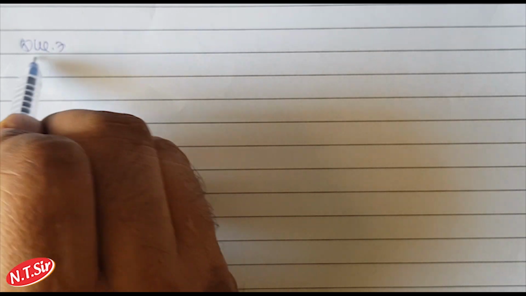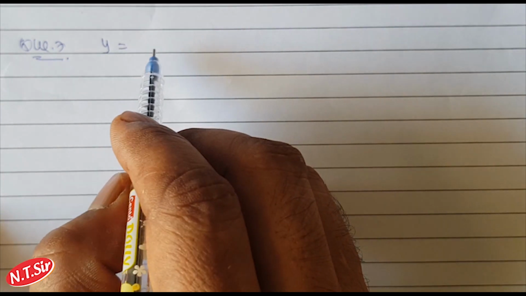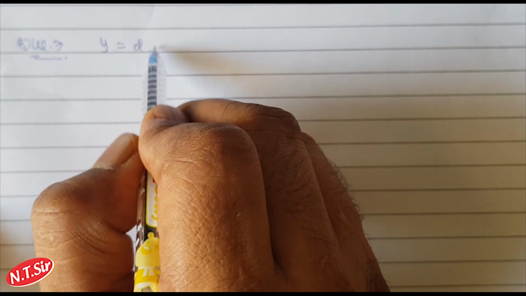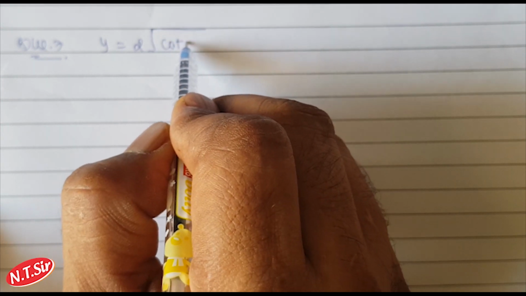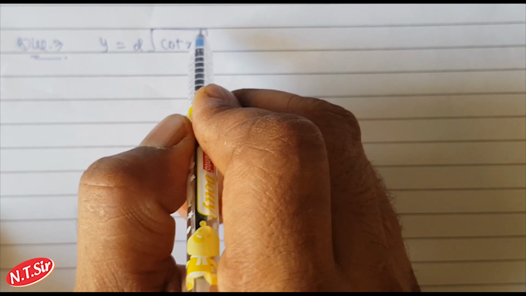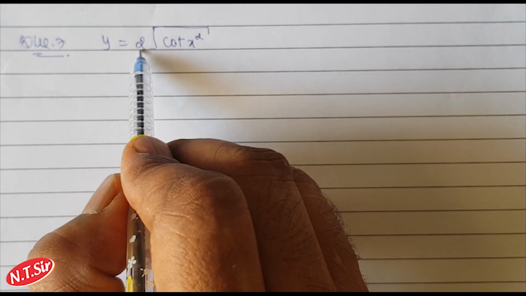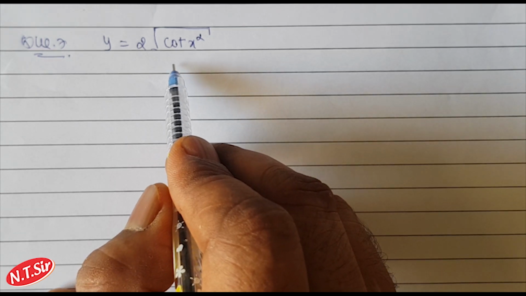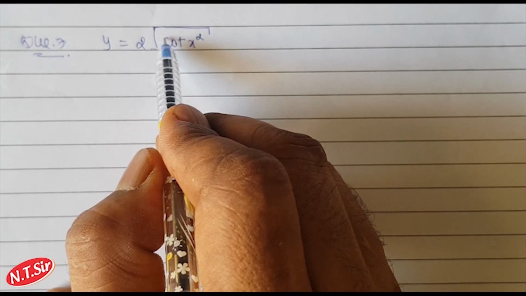Question 7. y is equal to 2 under root cot x square. So given is y is equal to 2 under root cot x square, that is root bracket.